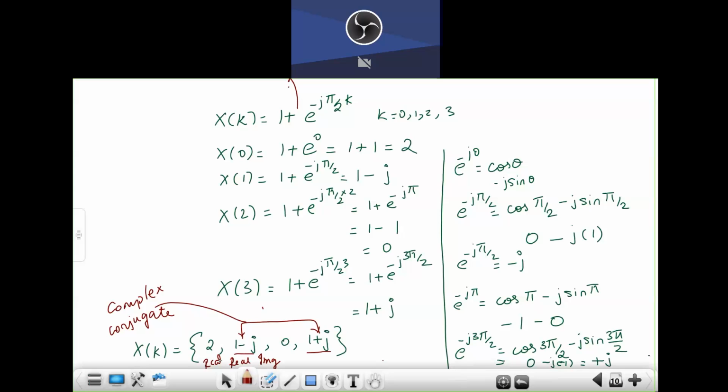Just look into your calculators. You must take your complex numbers. Suppose 1 minus j. You have an option for J or I in the engineering button. So you should press shift and exponential.